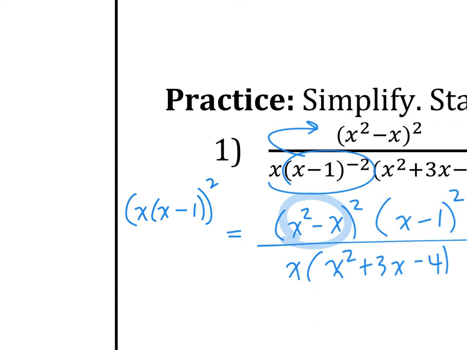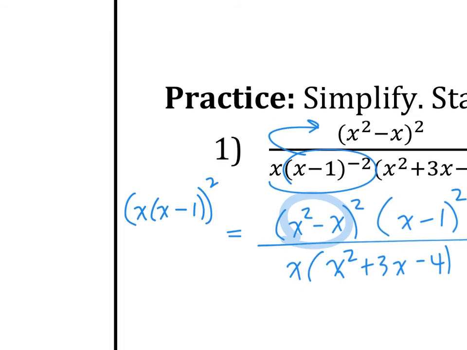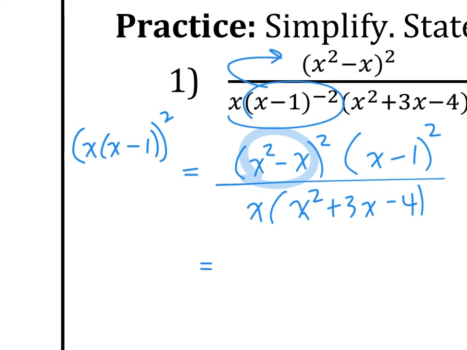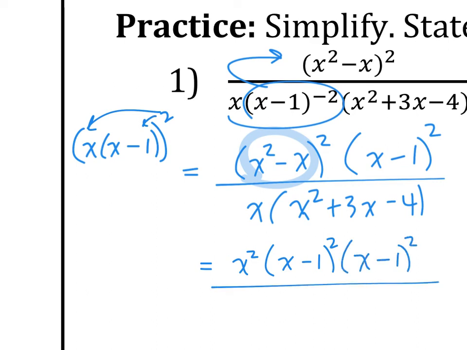Okay, all I did was I factored it from the inside. I didn't change the exponent, so the exponents apply to both of them. Okay, so then if I were to rewrite that, I would write x squared, x minus 1 squared, because it's basically distributed to both of them, both factors. And then we have another x minus 1 squared, and then you can factor the denominator.